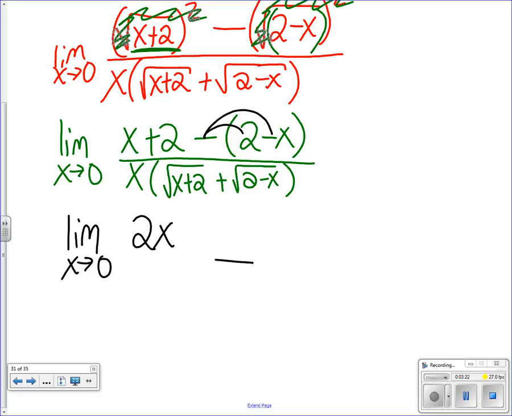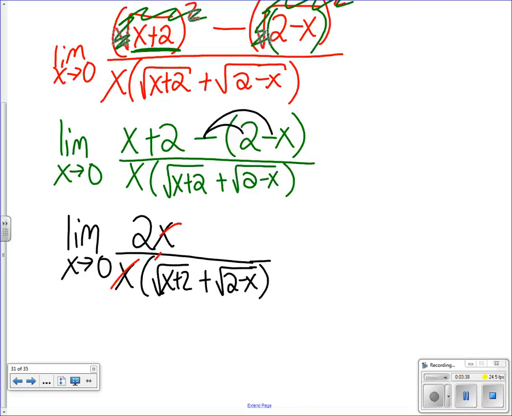On the bottom, we still have our x times the square root of x plus 2 plus the square root of 2 minus x. And from here, hopefully you can see that these x's end up dropping out. Again, that was the issue from the very beginning, that x on the bottom. So it's good that we can cancel it out.